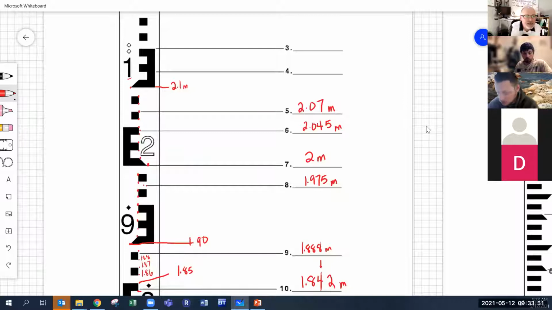And as you can see, that indicates the 1. This is 2 meters. This indicates 2 meters, and this indicates the 0.1. So right at this location is 2.1 meters. 2.11, 2.12, 2.13, 2.14, 2.15.